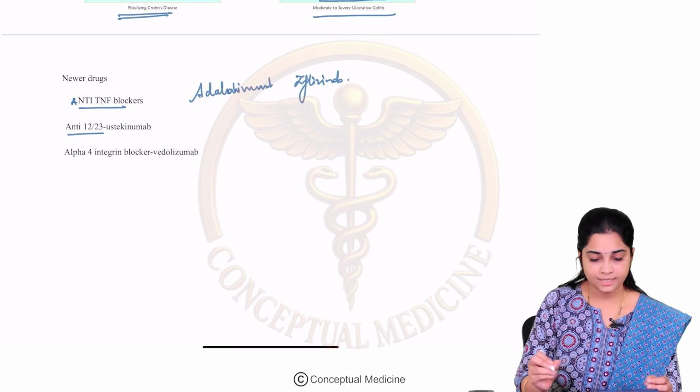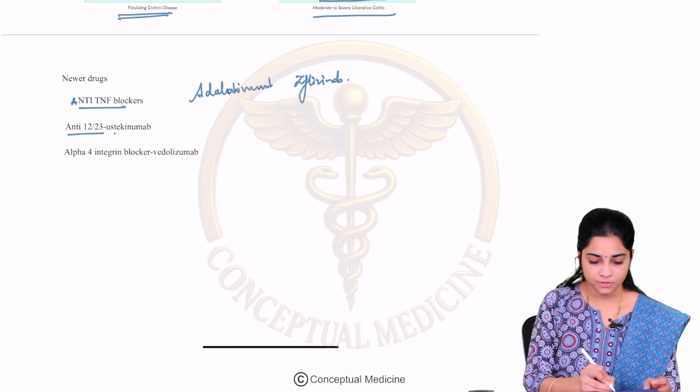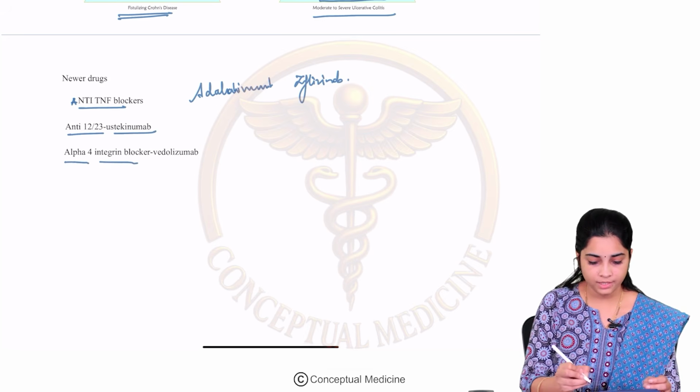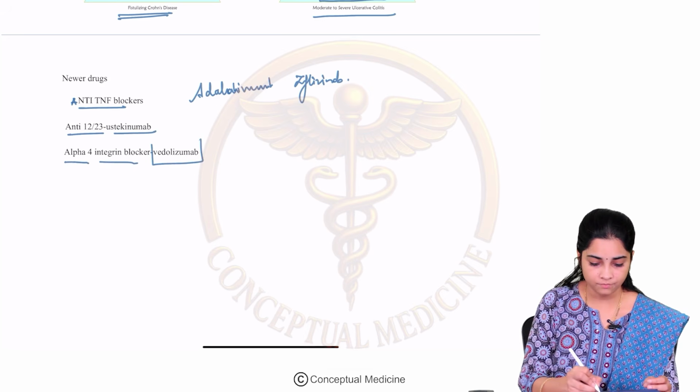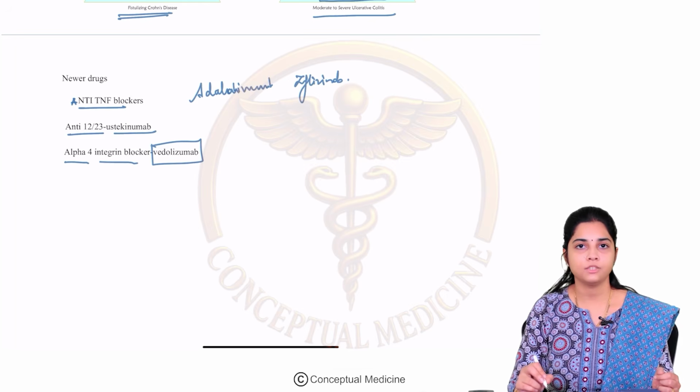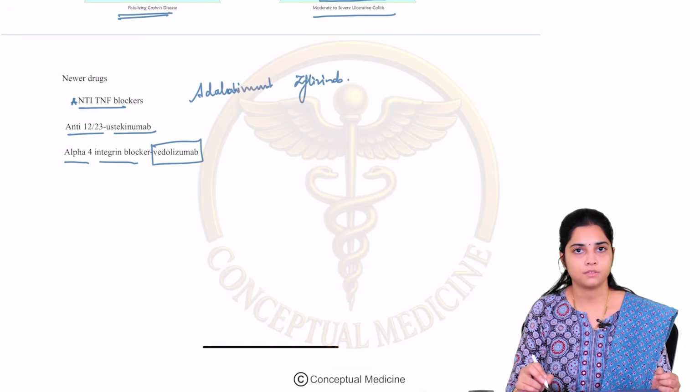Then we have your anti-IL-12/23 inhibitor, which is your ustekinumab. Then a newer drug, which is your alpha-4 integrin blocker, is your vedolizumab.